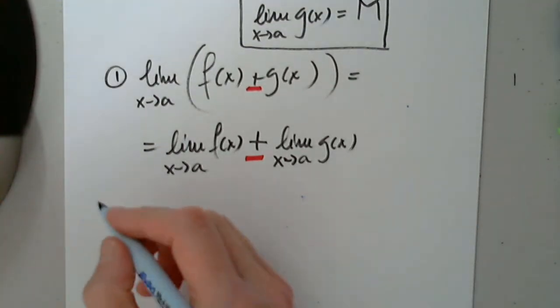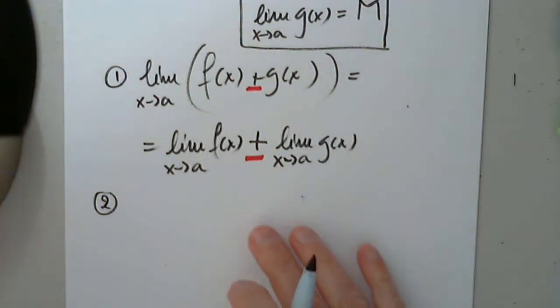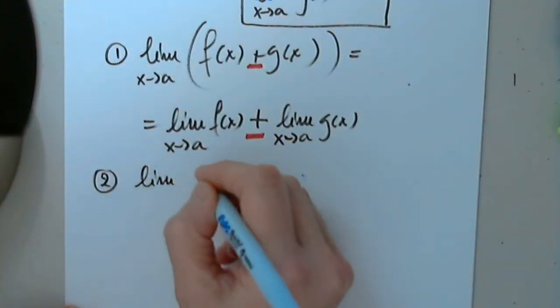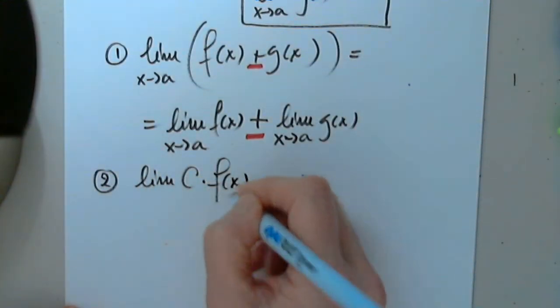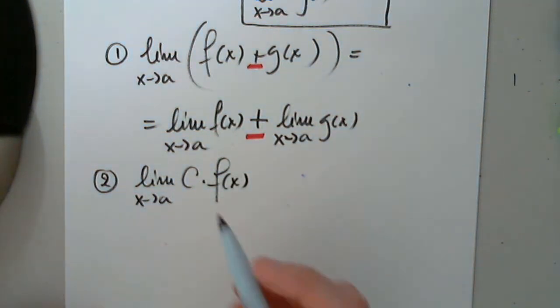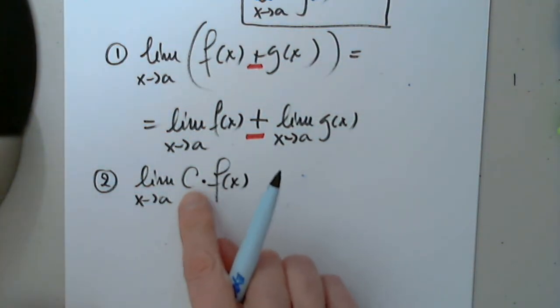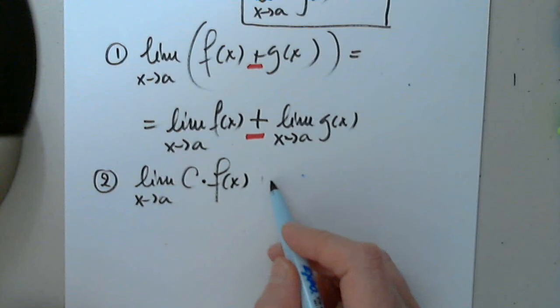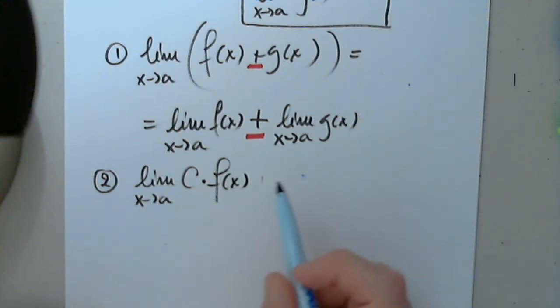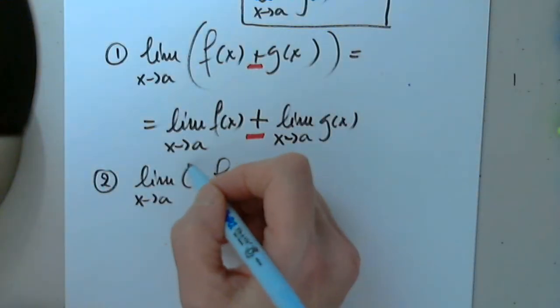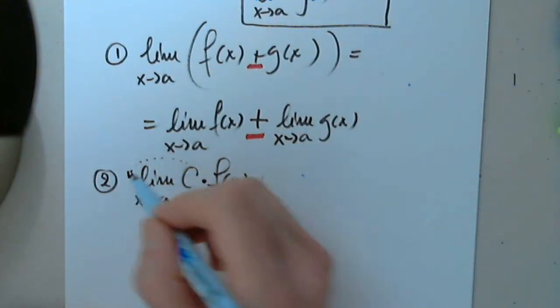In number 2, if we have a limit of a constant times a function, when we say multiplication, we mean that this is a factor. I'm not talking about plus 5. I'm talking about multiplied by 5 or multiplied by 10. The constant can go in front.